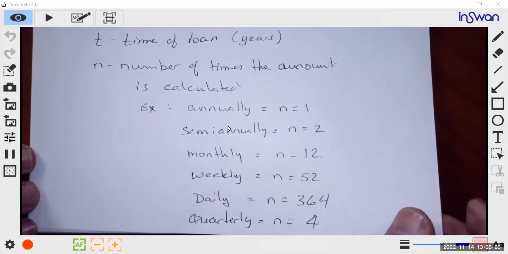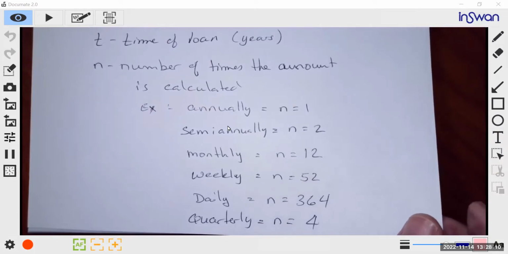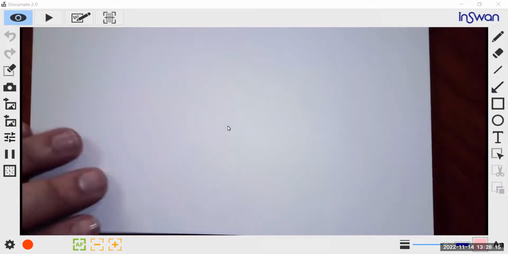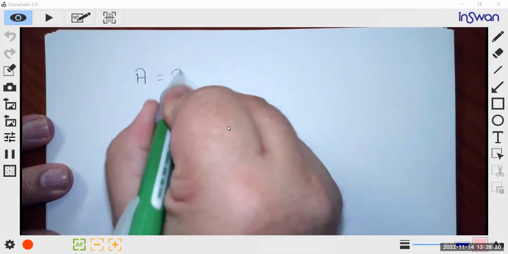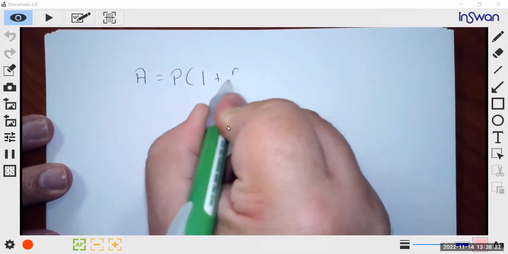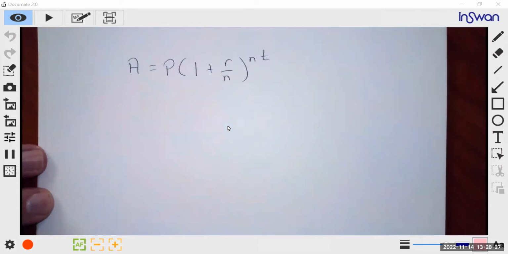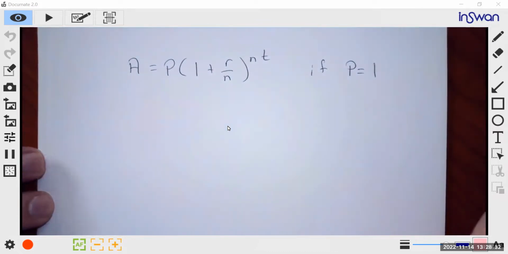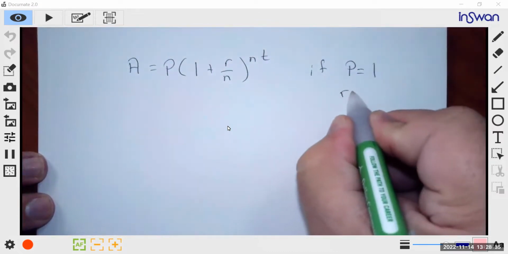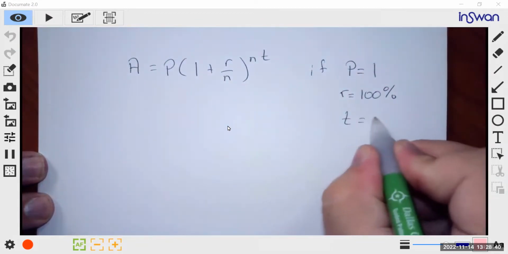All right, so we'll look at the same formula, but a mathematician by the name of Euler started off with this same formula. And he said, what if we borrowed $1 at a rate of 100% for 1 year?